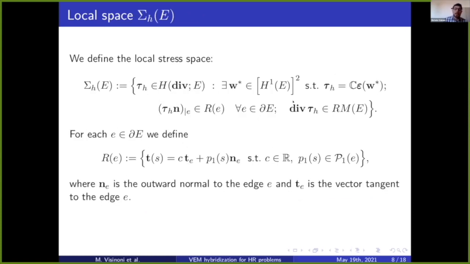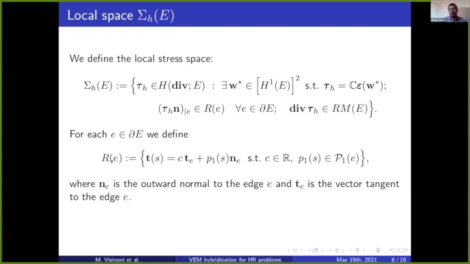For the stress, we use this virtual scheme that we have already seen today, where we require the traction to be in H(div), such that they are symmetric, and then we require the normal component of the stress to be polynomials defined this way, and the divergence to be a rigid body motion.